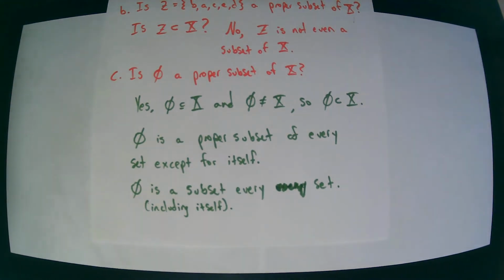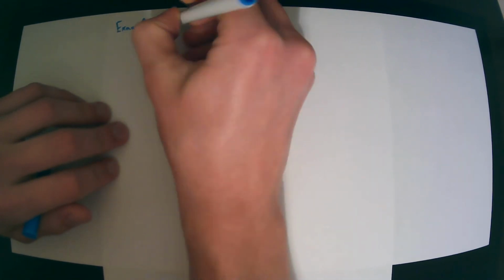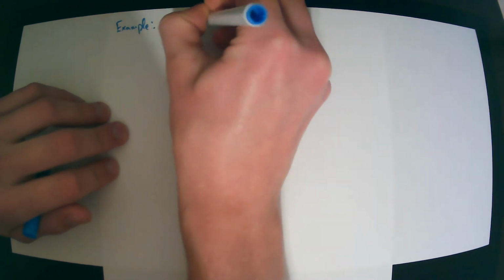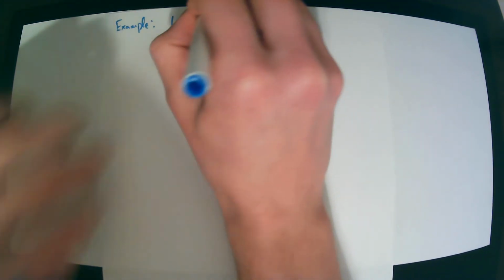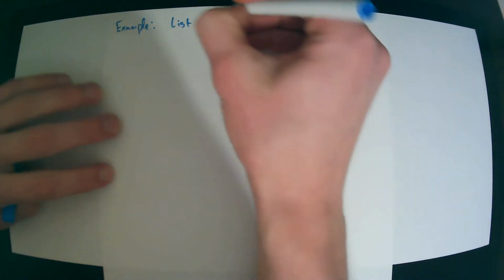Okay, now we got one more thing to talk about, which is numbers of subsets and numbers of proper subsets. So in the notes I say as an example, list all subsets and proper subsets. Well, anyways, I'm going to change it a little bit. Let's do this.